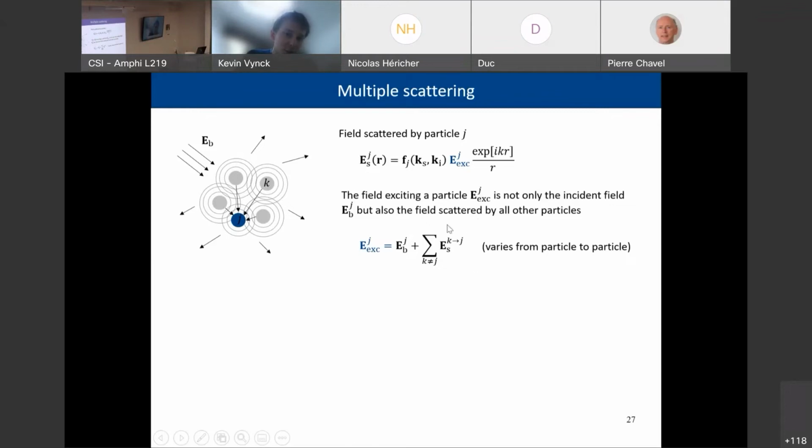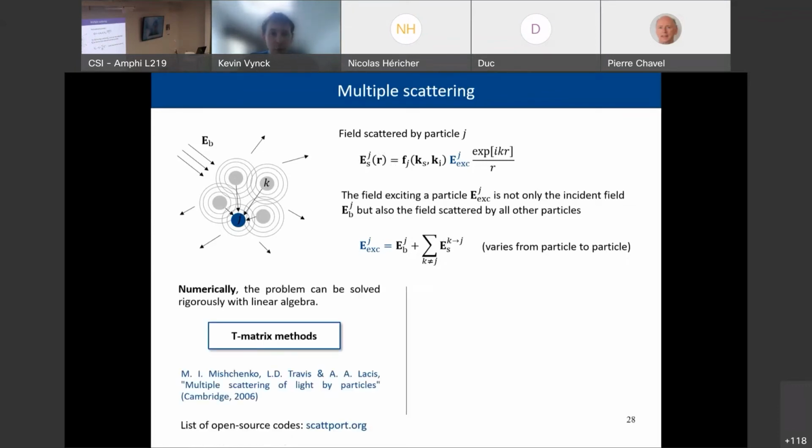So actually, if you incorporate this small equation here, you can see that the scattered field produced by particle J depends on the scattered field produced by particles K, by all the other particles. And this is what defines the multiple scattering problem. So essentially, this is the problem that we have to solve. Numerically, this problem can be solved rigorously using linear algebra. And I invite you to look at the literature on T-matrix methods.